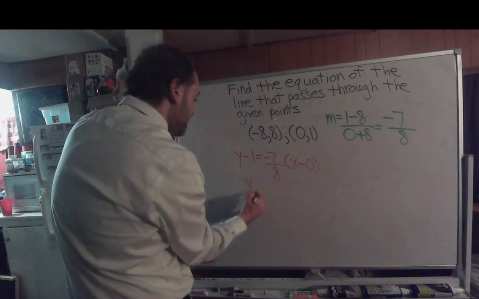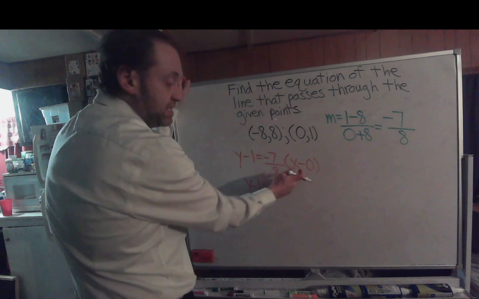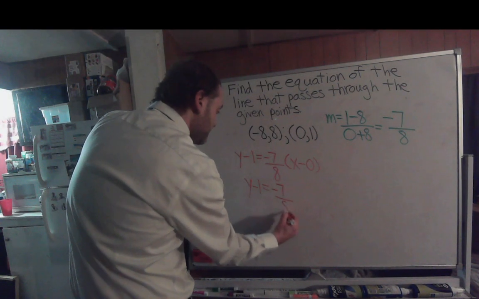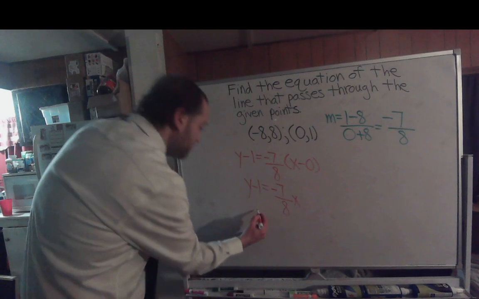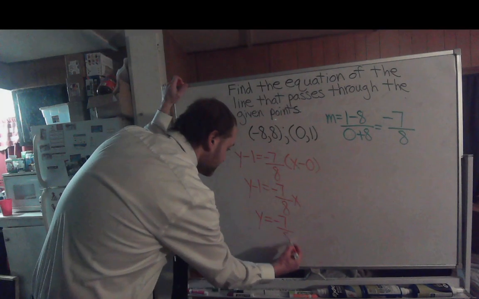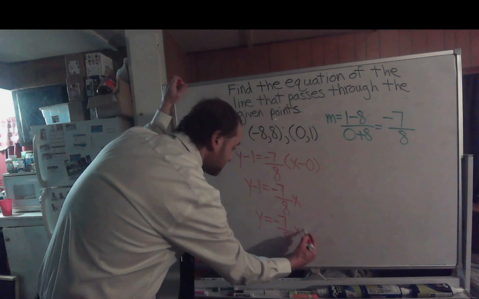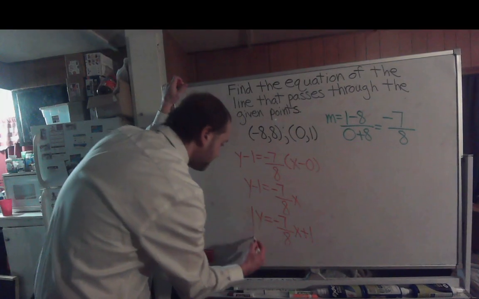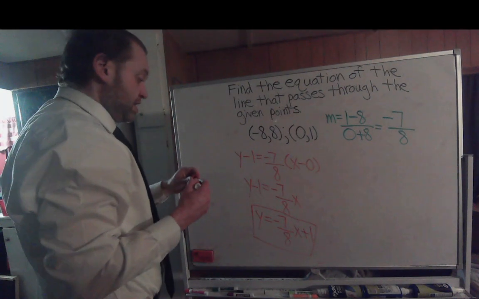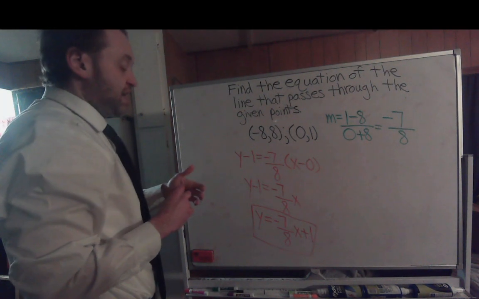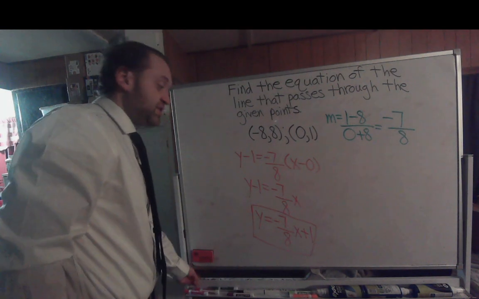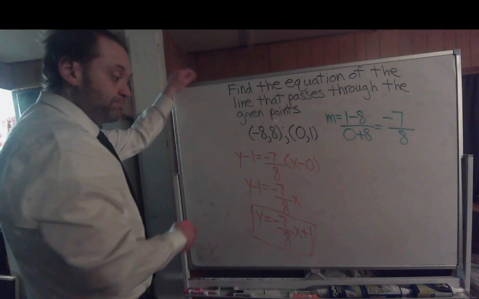Well, y minus 1 would equal, x minus 0 is just x, y minus 1 equals negative 7/8 x, giving me my equation to be y equals negative 7/8 x plus 1. So the equation of this line should end up being y equals negative 7/8 x plus 1.